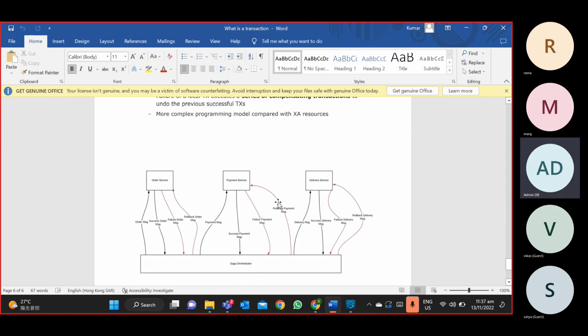Okay. So here you can see one example. Here we are creating order service, then we are creating payment service, and then we are creating delivery service. So order management, go to order service, successfully order management done.